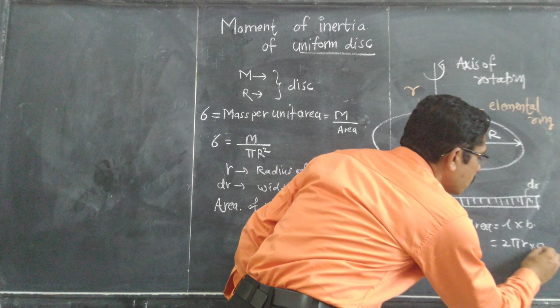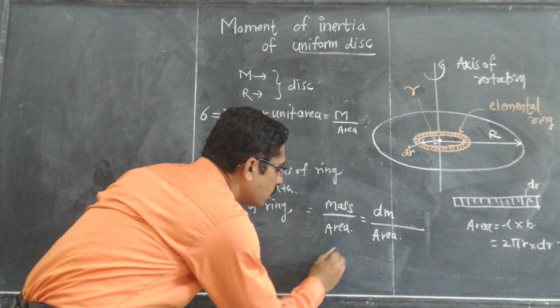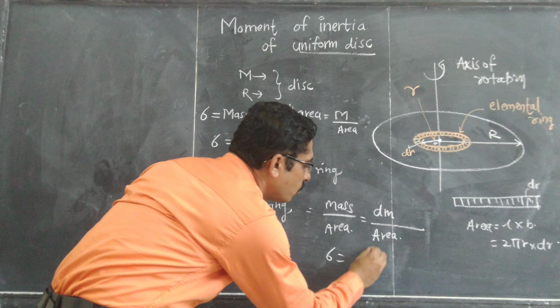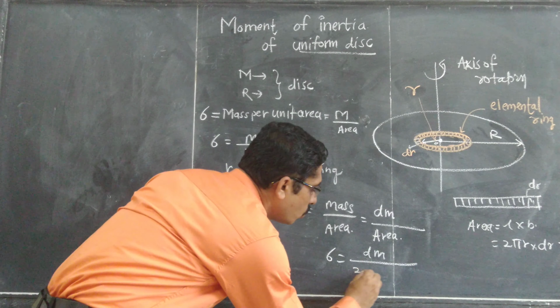Breadth is here dr. Therefore, sigma equals dm upon area, which is 2 pi r into dr. Therefore, the small element of mass dm for the ring is sigma 2 pi r into dr.